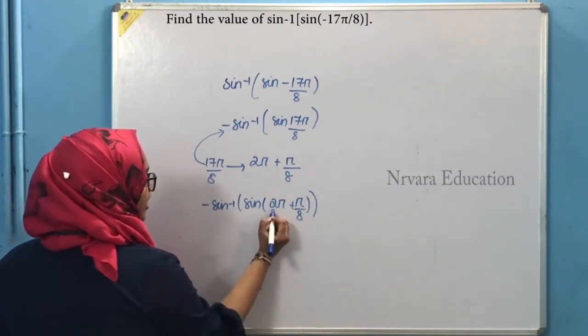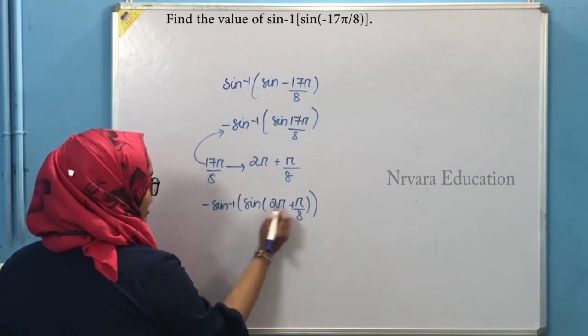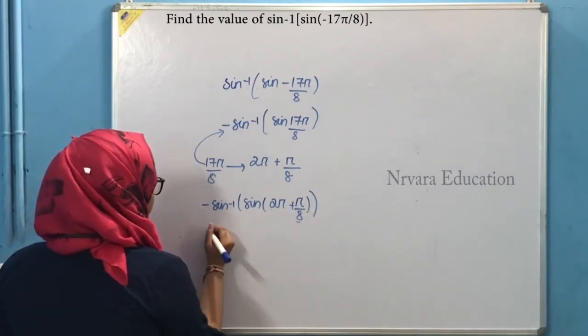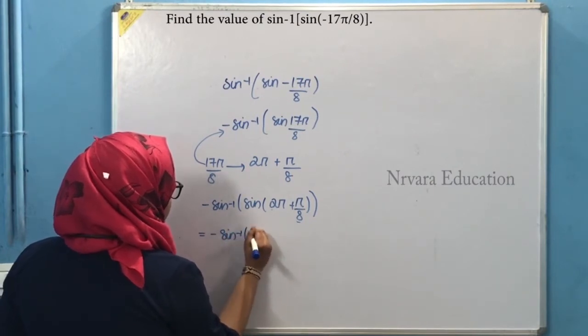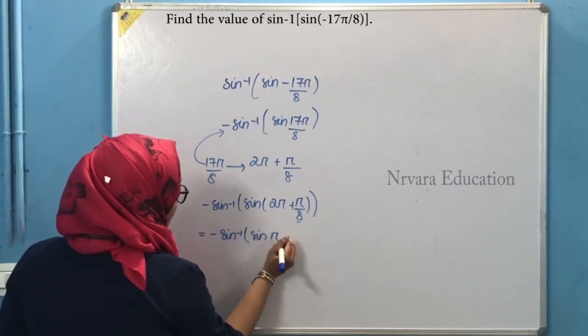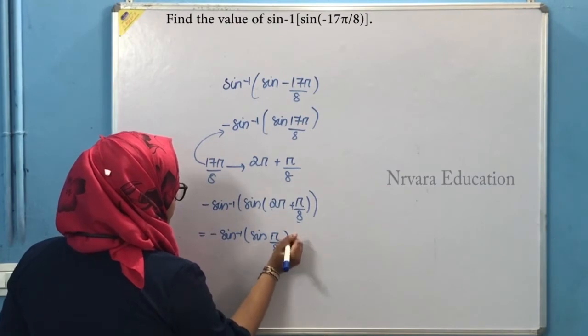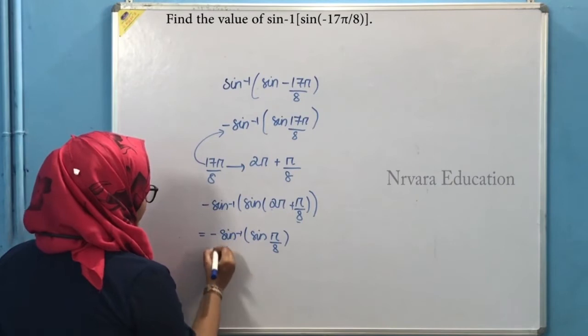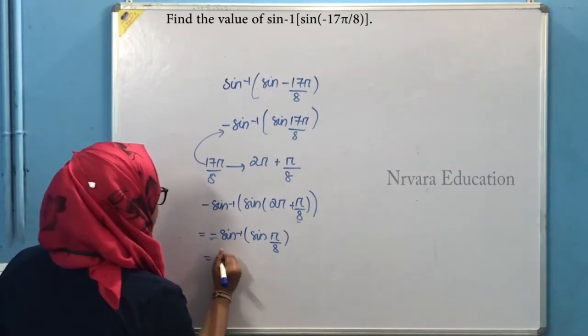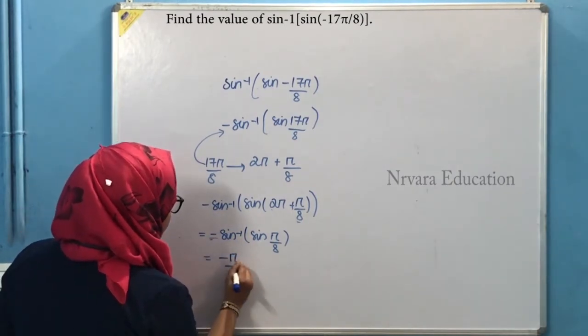Now sine of n pi plus any value will be sine of this particular value. So we get minus sine inverse sine pi by 8. Now sine inverse sine pi by 8 will be pi by 8, and we have already a minus here, so our answer will be minus pi by 8.